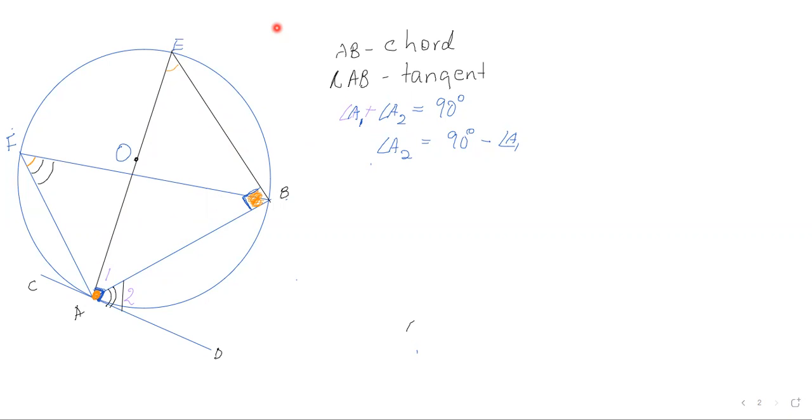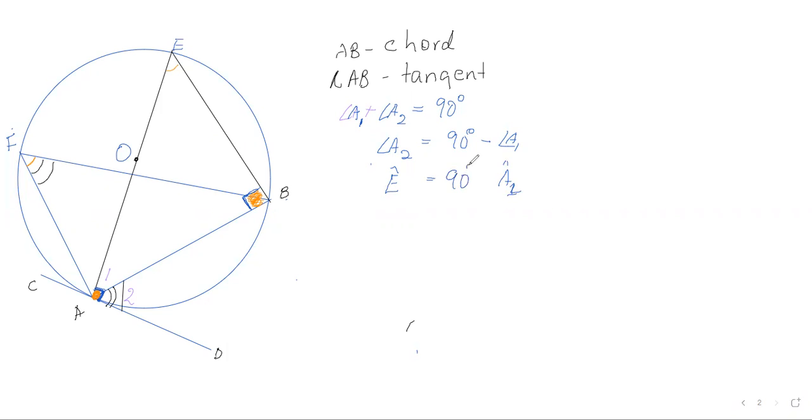So we can write E as 90 minus A1. Angle E plus A1 is equal to 90.